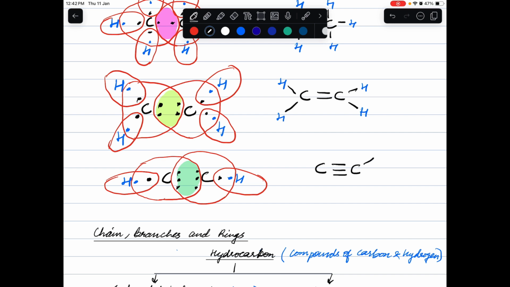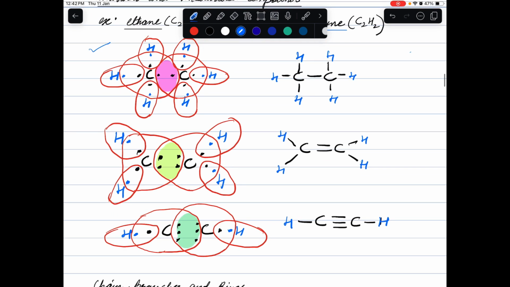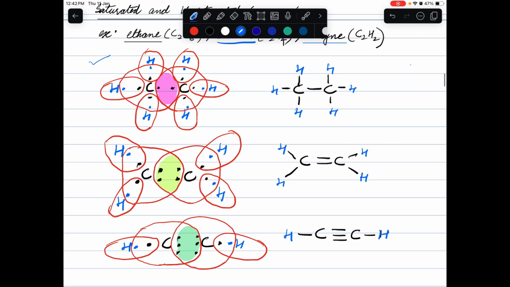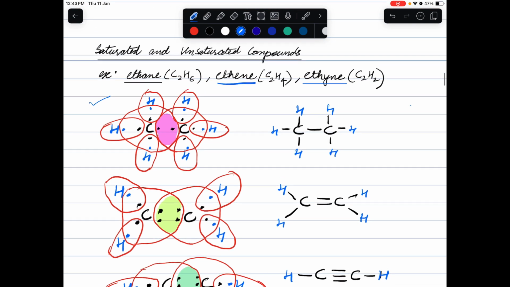Okay. And in this case, if we want to show hydrogen, then we have 1 bond of one carbon with 1 hydrogen atom and another bond of the second carbon with another hydrogen atom. So these are the electron dot structures of 3 compounds of carbon.